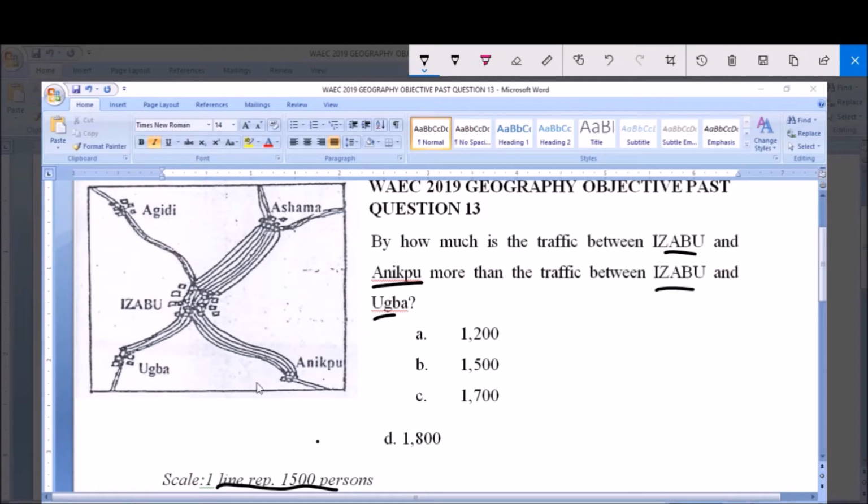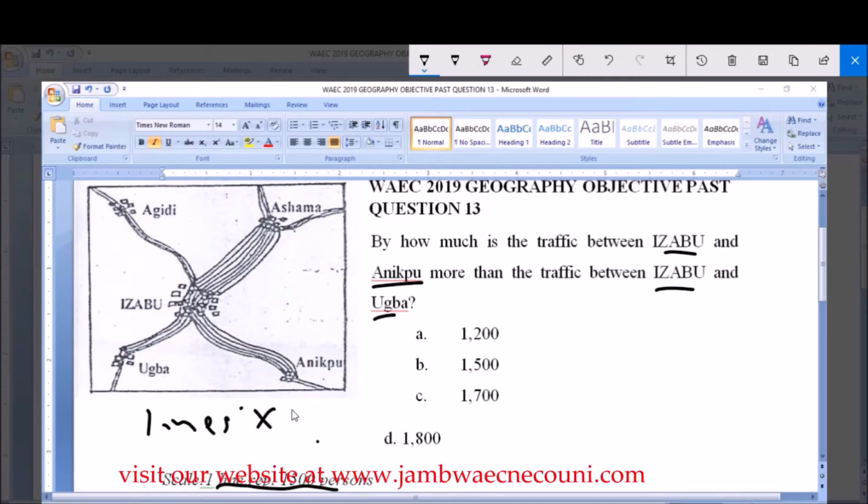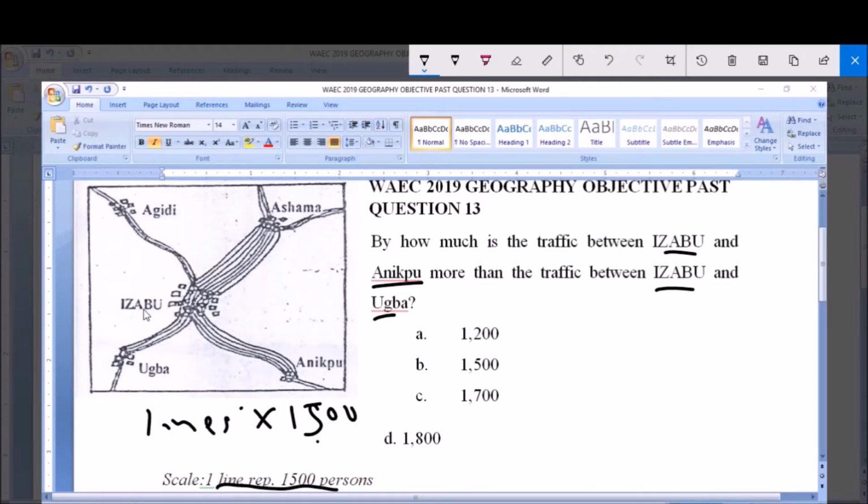So we'll first locate the 3 towns that are involved in this question and then count the number of lines between these towns, multiply it by our scale factor, which is 1,500, and then when we get our answers we progress from there. So this is where Izabu is located, this is Anipu.